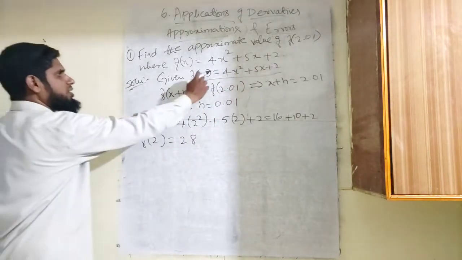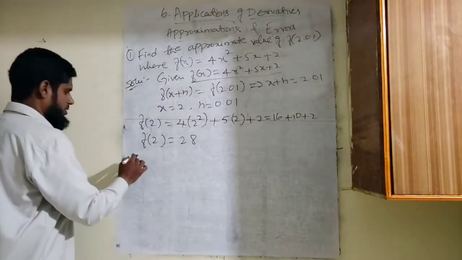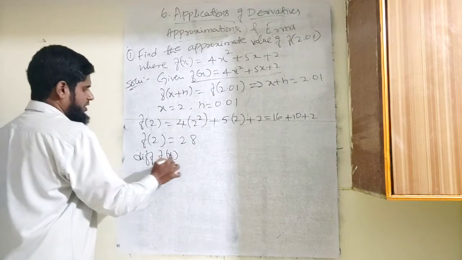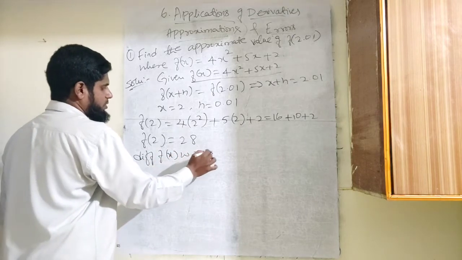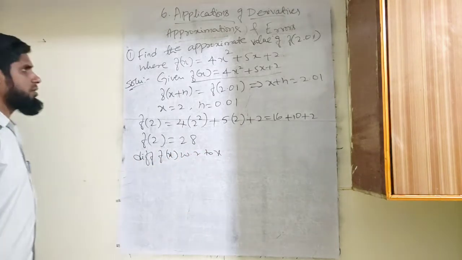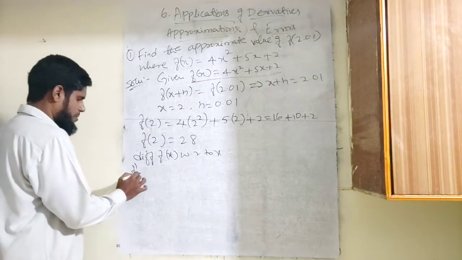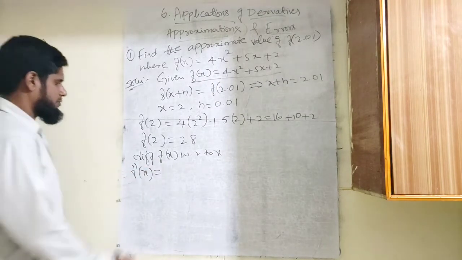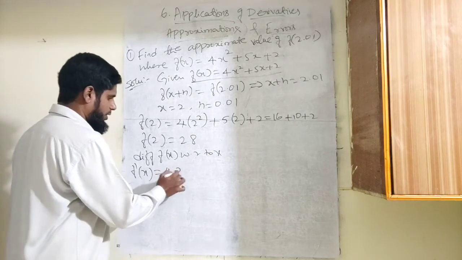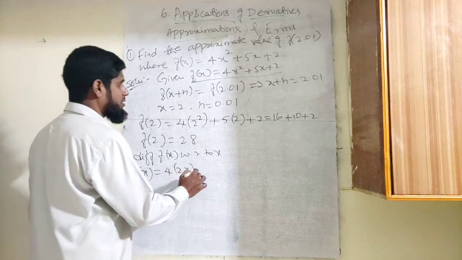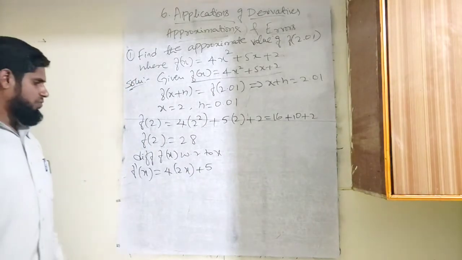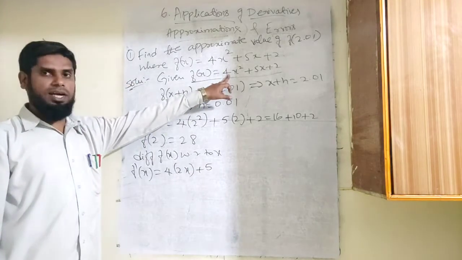Let me differentiate this with respect to x. Differentiate f of x with respect to x. So what I will get? f dash of x is equal to 4 into 2x plus 5. 4 is the coefficient as it is.